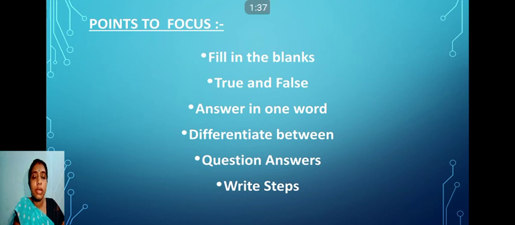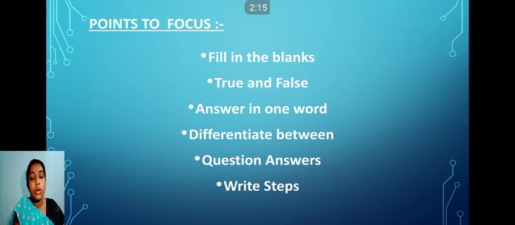But as soon as you get your books, the very first and important thing that you have to do is go thoroughly through your chapter. Again I am repeating, you have to be thorough with your chapter because now you are in class 6th. So now you cannot say that only the question answers, the fill in the blanks, the true and false, or the book exercises, whatever is given, only that will be asked in your question paper.